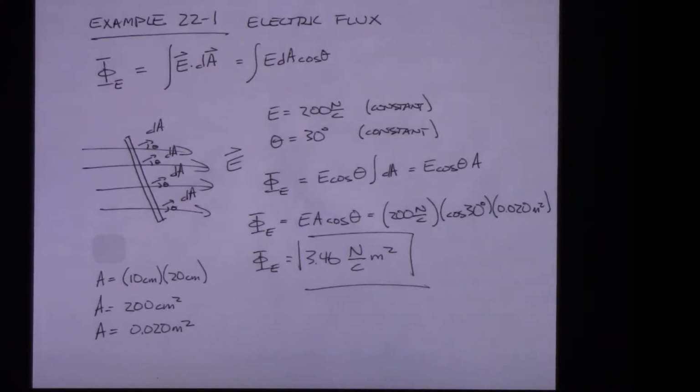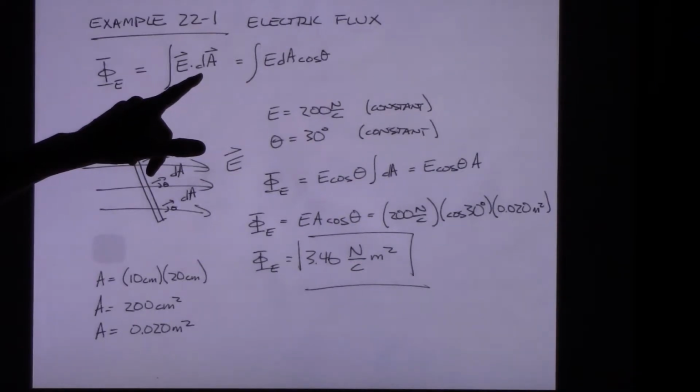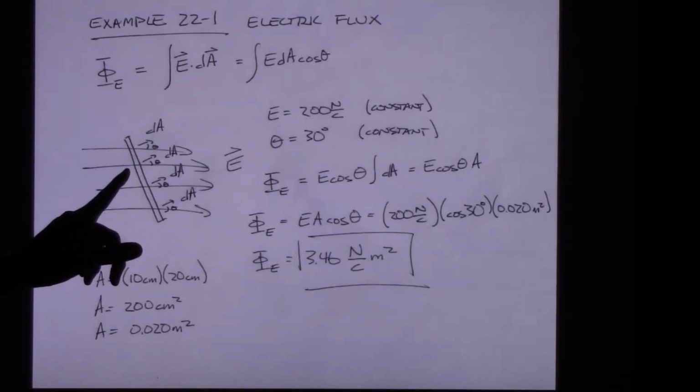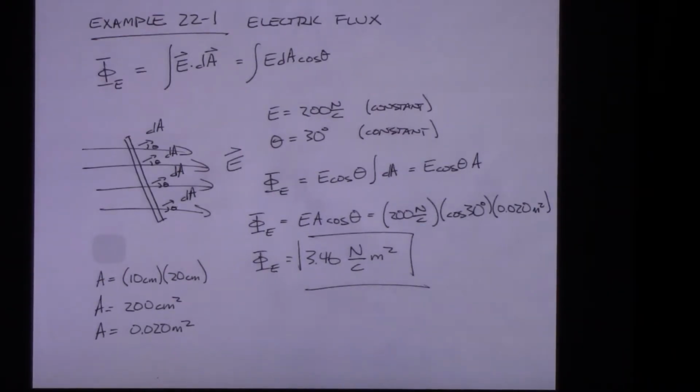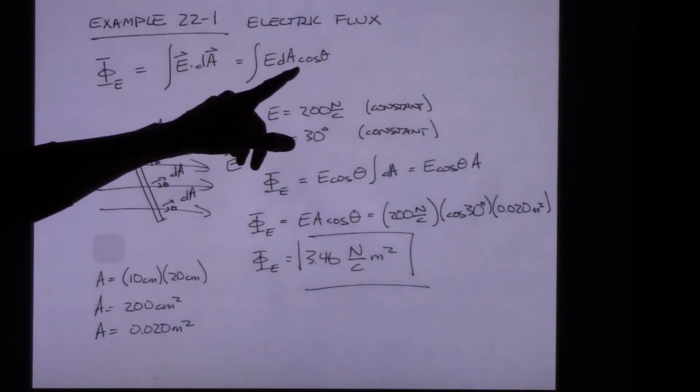And as we talked about, it comes from adding together the electric field multiplied by the area at each location. So this has become an integral, and that integral is telling us that at each location along the surface, we take a little bit of area, the little dA, infinitesimal area, and we multiply it by the electric field, and we multiply it by the relative angle.